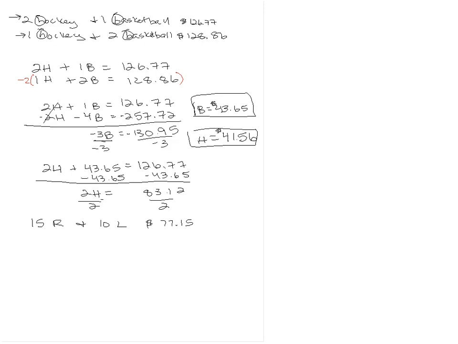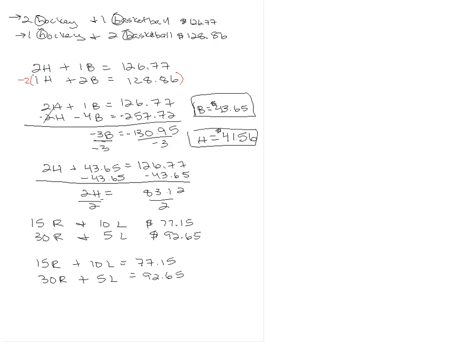The next day he sold 30 regular and 5 large, and it totaled $92.65. How much did each type of sandwich cost? Same thing. You're going to set up 15R plus 10L equals $77.15. 30R plus 5L equals $92.65.